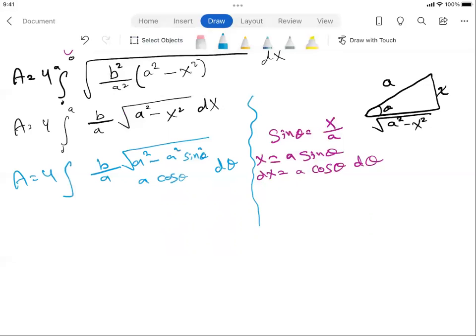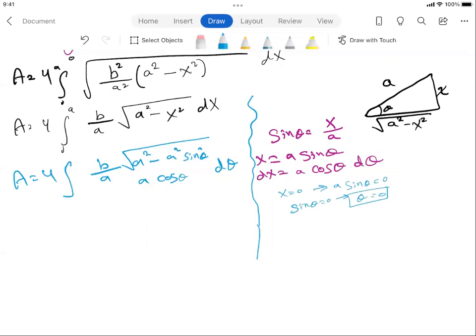And let's now work on the limits of integration. So when x equals 0, then a sine of theta equals 0. Well, obviously we know that a is not 0, then sine of theta equals 0. Well, then theta equals 0.